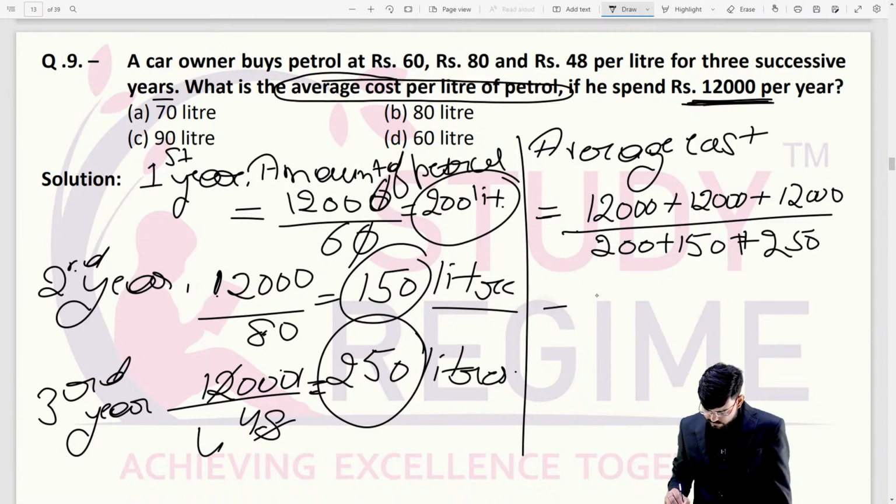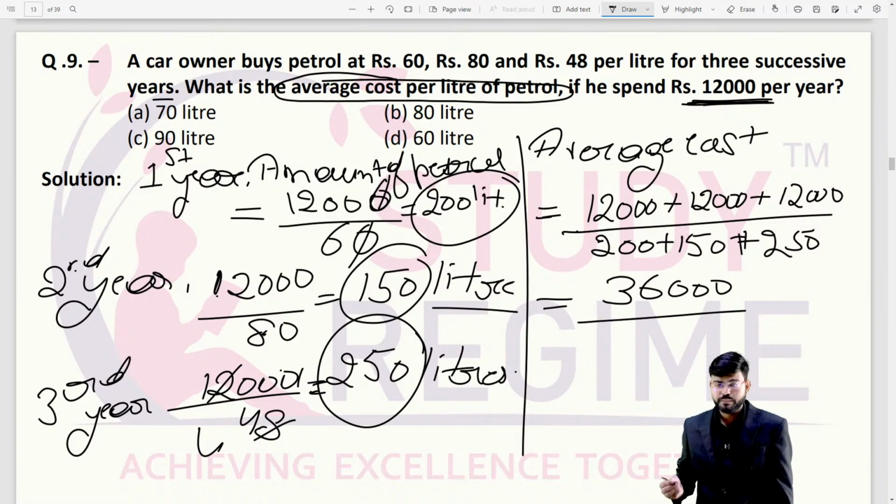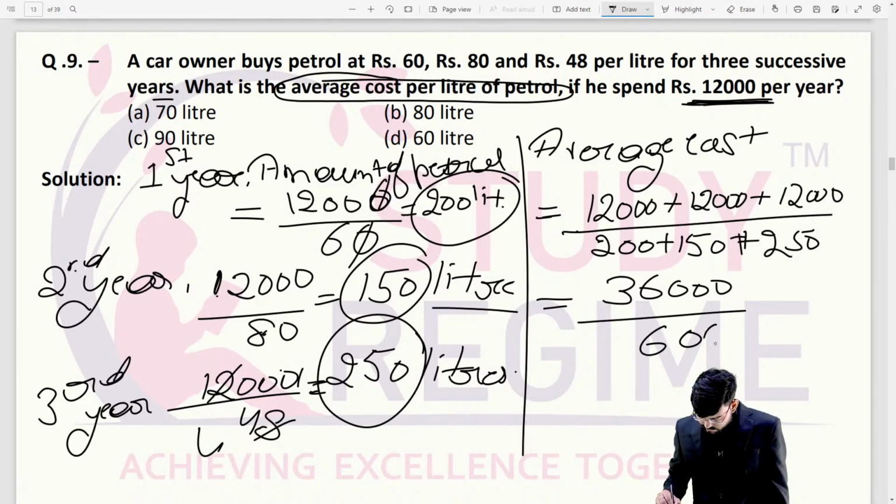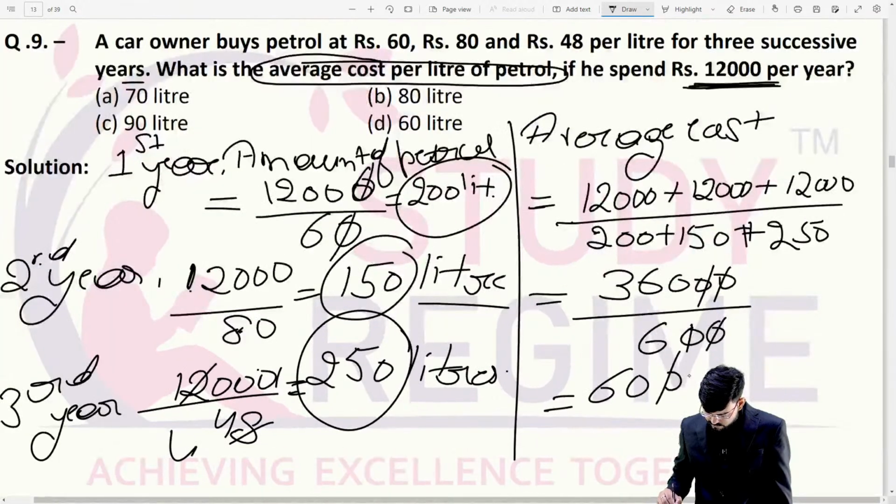Okay. So what is the total money he has spent? 36,000. Now the amount of petrol he has purchased is 600. 0, 0 gets cancelled out and 6 times you will get 60 rupees per liter.